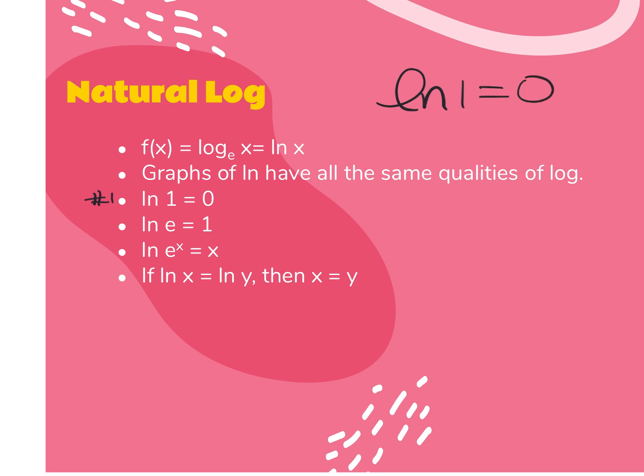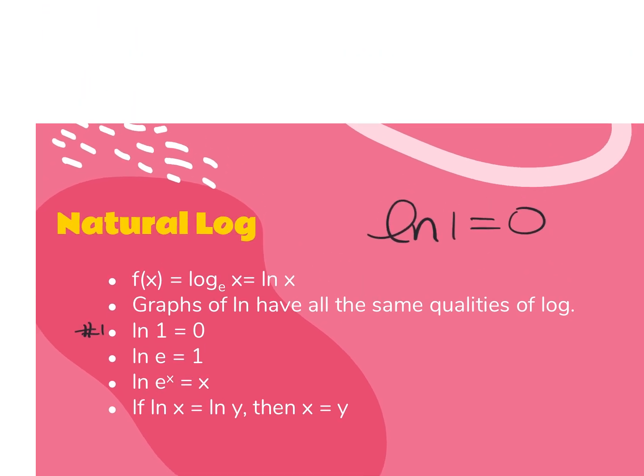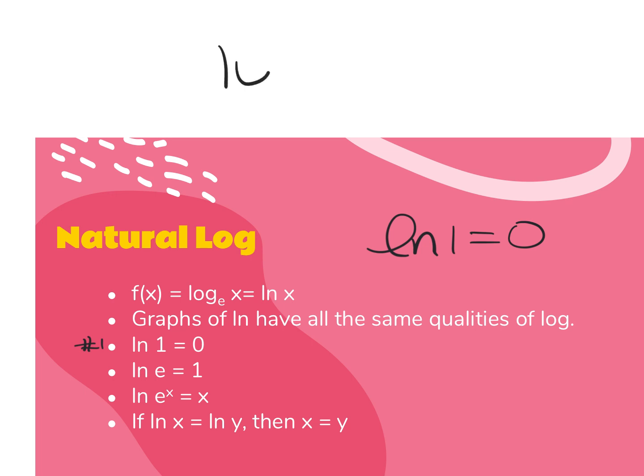And the reason why we know this is from the exponential form. Now, yesterday, we saw that when it's got log, and there's no little number here, it's assumed to have a 10 there. When it's ln, the assumed number is e.